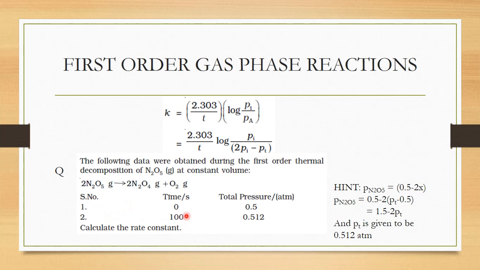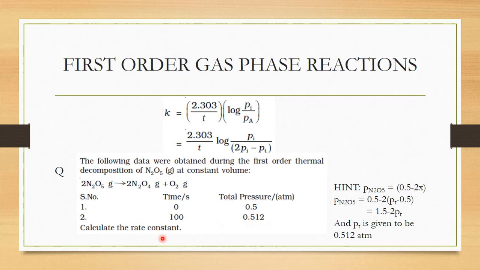Now, after 100 seconds, the total pressure, meaning partial pressure of N2O5 plus partial pressure of N2O4 plus partial pressure of O2, is given to be 0.512 atmosphere.